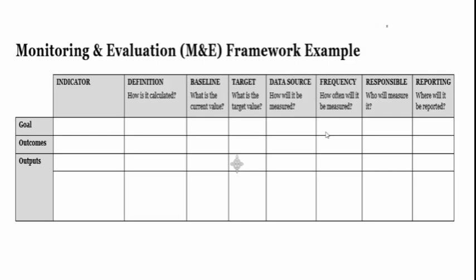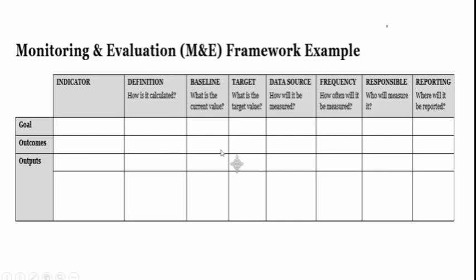Now, before diving into M&E frameworks, let's clear up a common source of confusion: the difference between an M&E system, an M&E plan, and an M&E framework. These are not the same thing. The M&E system is the broadest structure. It encompasses everything related to monitoring and evaluation in an organization.